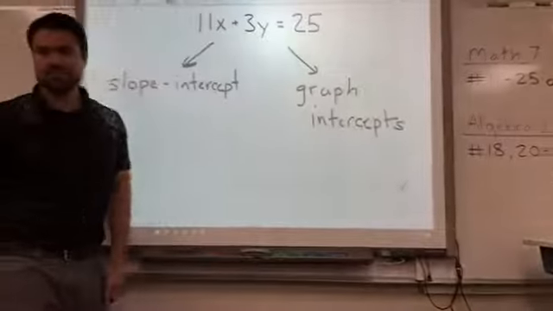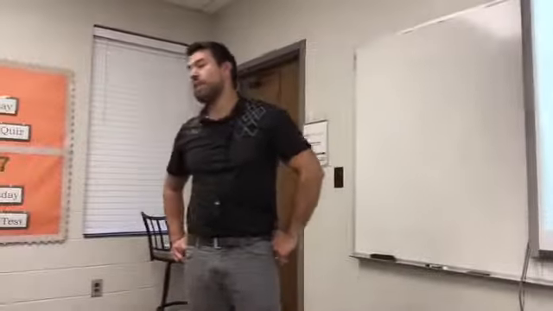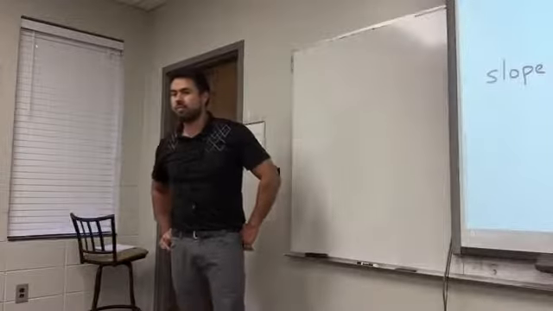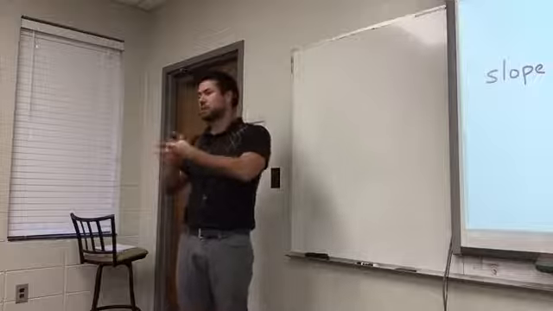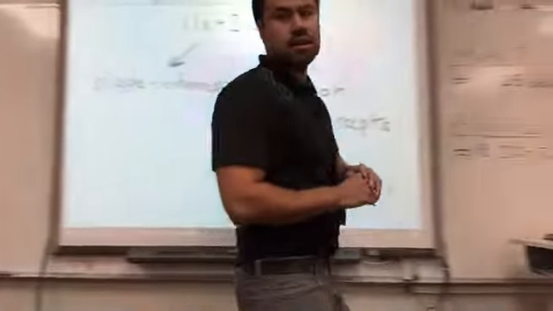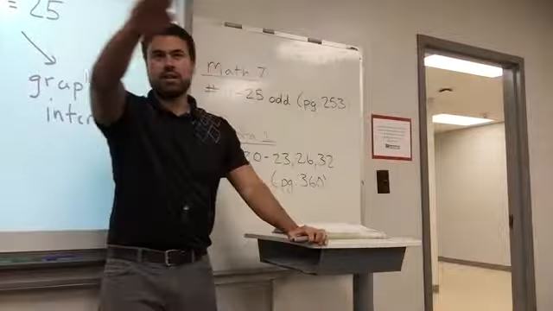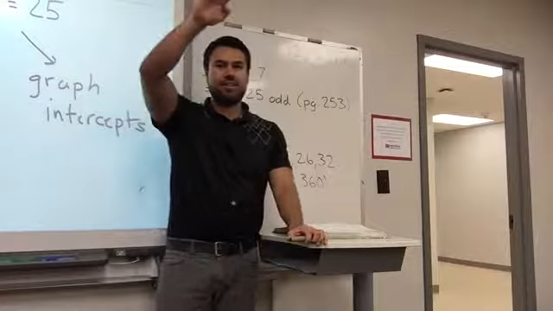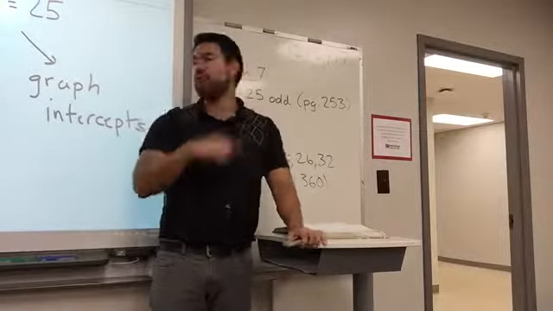Yeah, what are they? 1. Which lines will only have 1 intercept? Most lines will have 2 intercepts across the x and y axis, but which lines will only have 1 intercept? Right? Horizontal lines will only cross the y-axis, and vertical lines will only cross the x-axis. Does that make sense? So they'll only have 1.